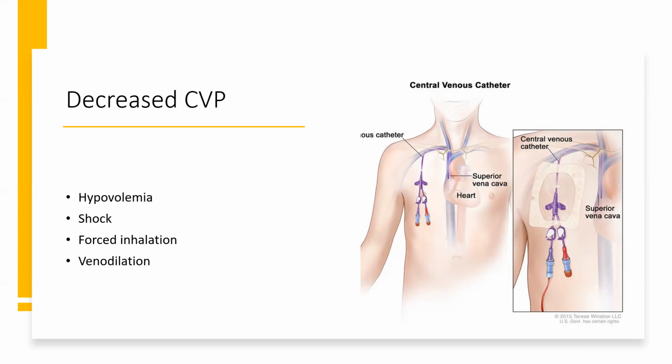So these are the following situations that cause a decrease in CVP: hypovolemia, shock, forced inhalation, or venodilation. So when we give patients nitroglycerin, what would happen to your CVP?